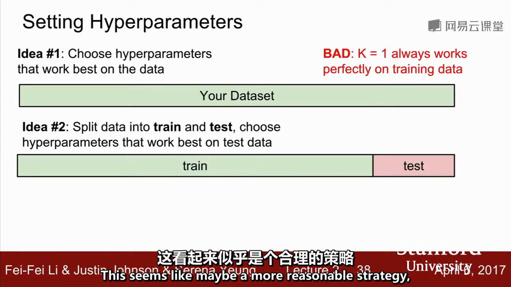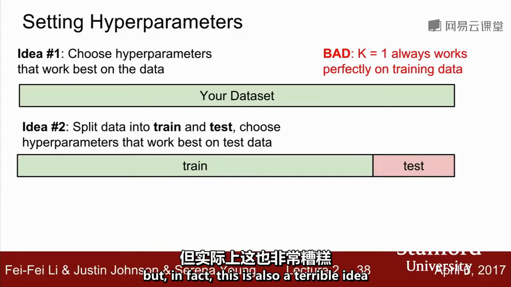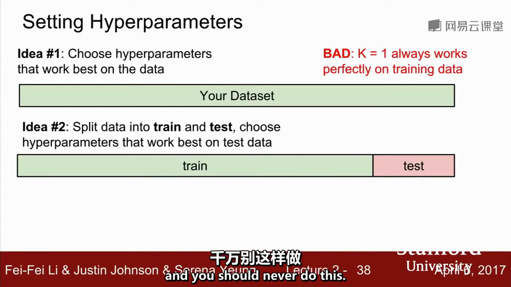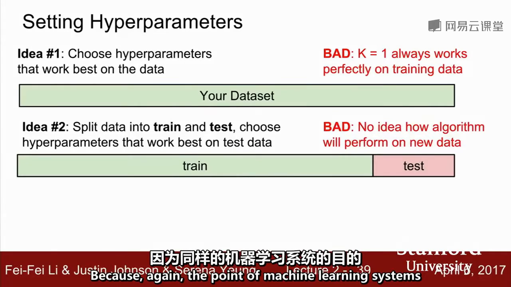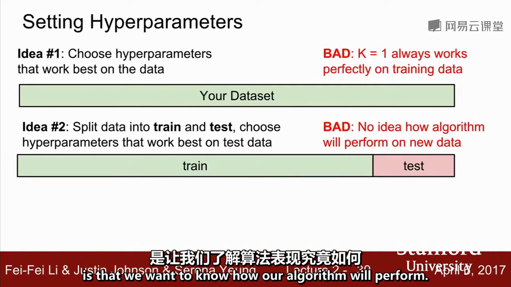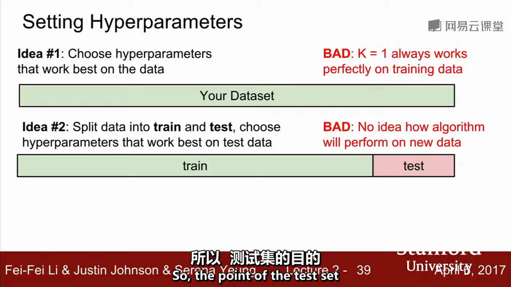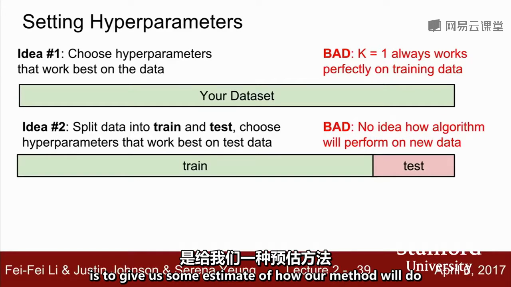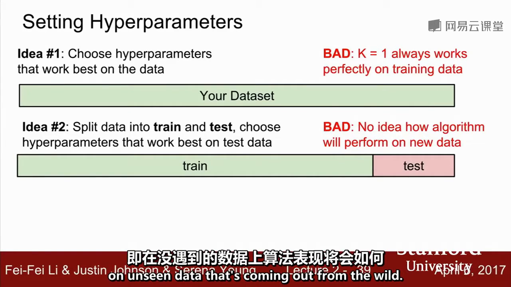This seems like maybe a more reasonable strategy, but in fact, this is also a terrible idea, and you should never do this. Because the point of machine learning systems is that we want to know how our algorithm will perform. The point of the test set is to give us some estimate of how our method will do on unseen data coming out from the wild.